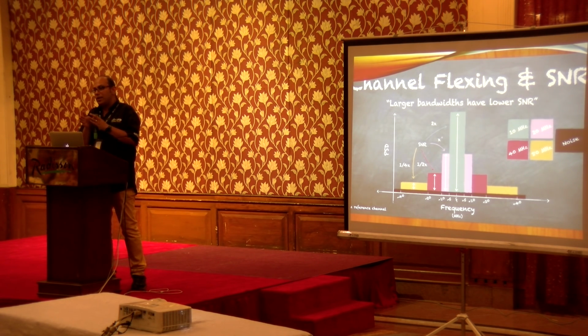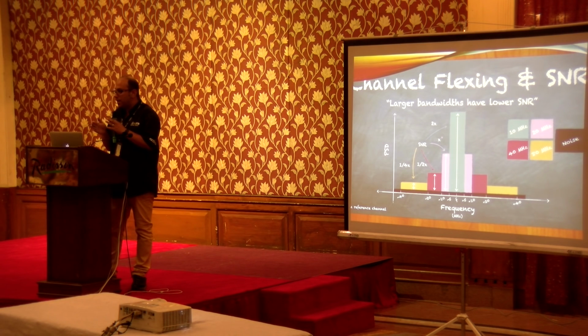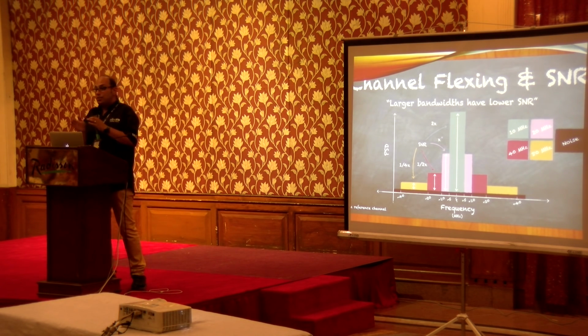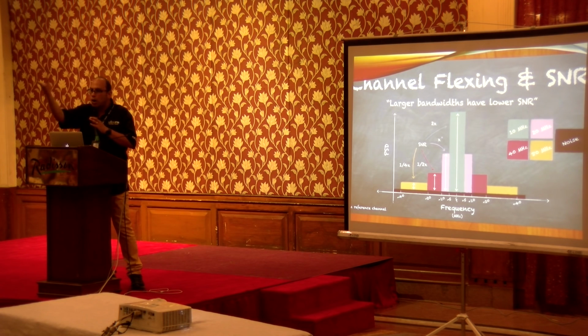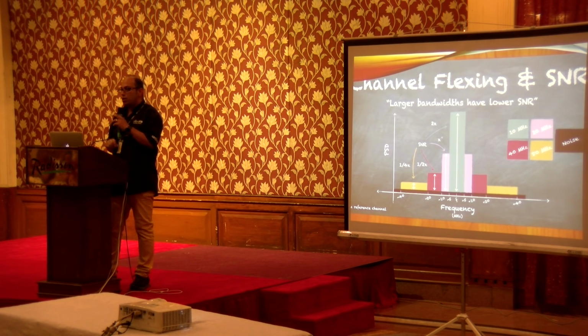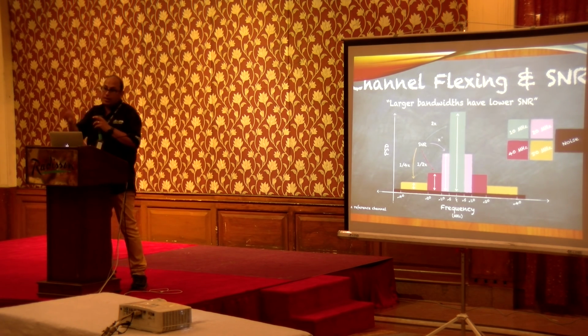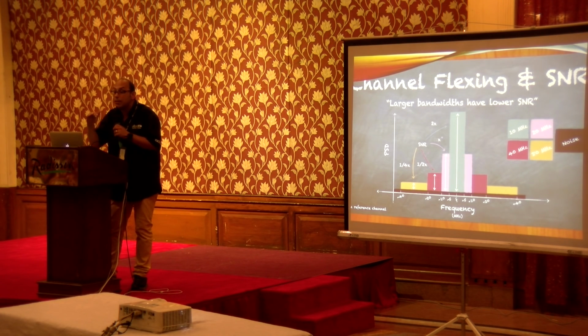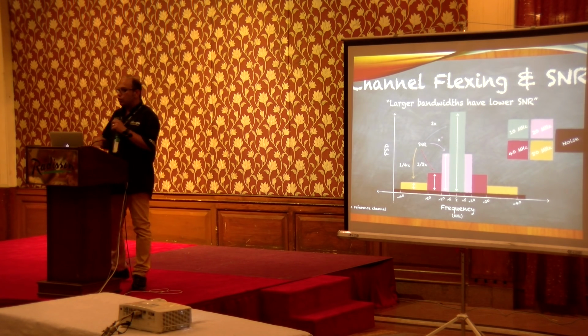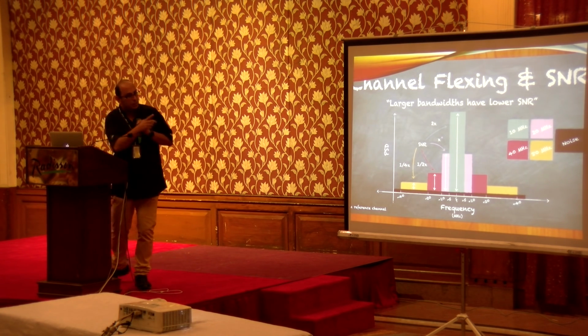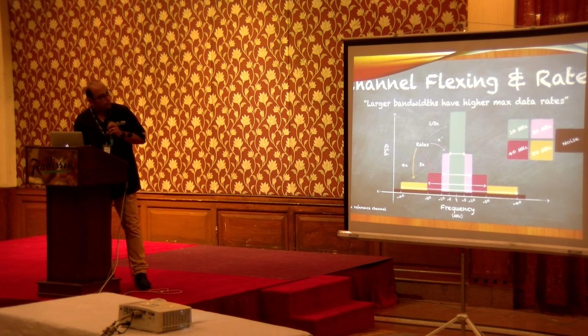Instead of 20 megahertz, you use 5 or 10 megahertz. By reducing the channel width, you can increase the power level and the distance. But the bandwidth might be lower. Maybe in that project you don't need bandwidth, you need stability. You need to be stable more than having bandwidth. Maybe 5 meg or 10 meg is enough for you. So you can make your link stable by changing the channel width.